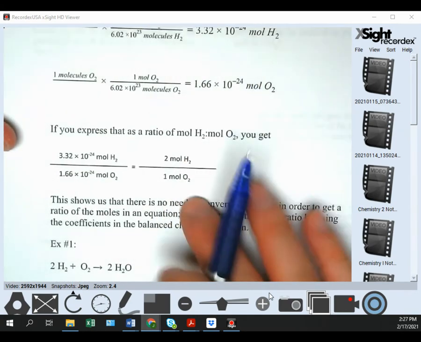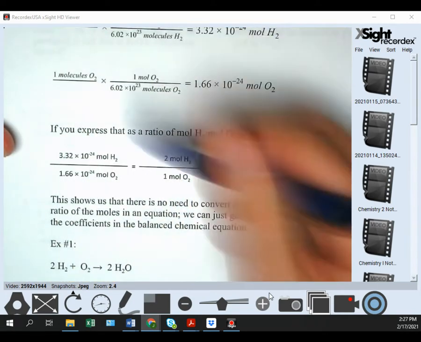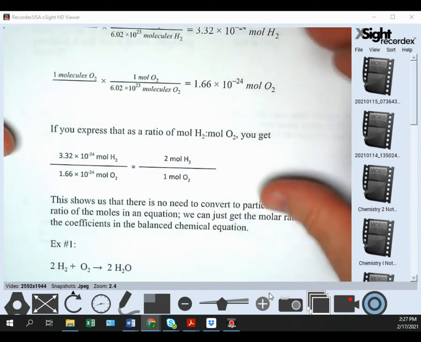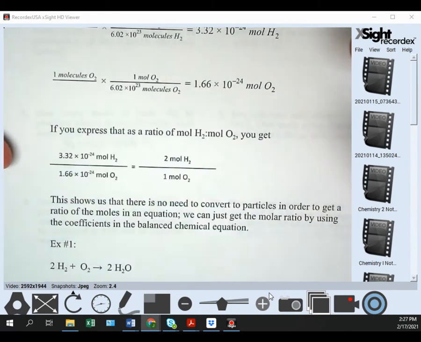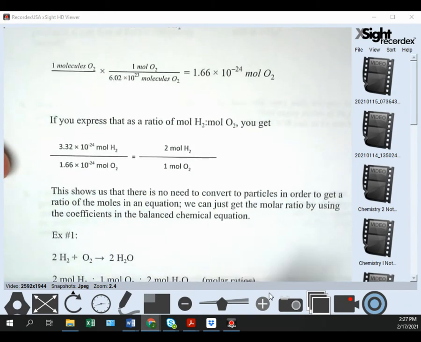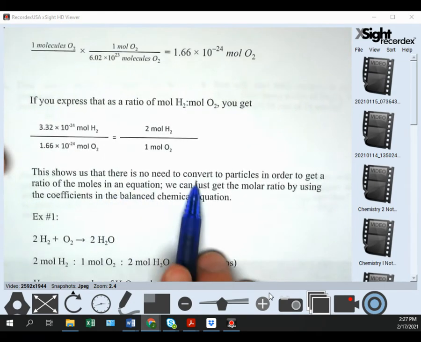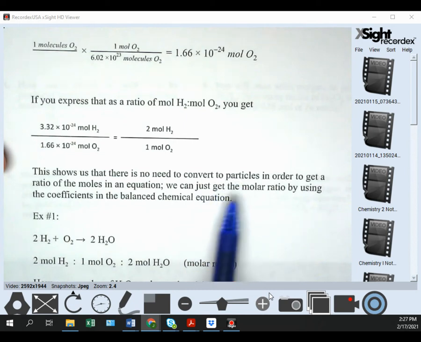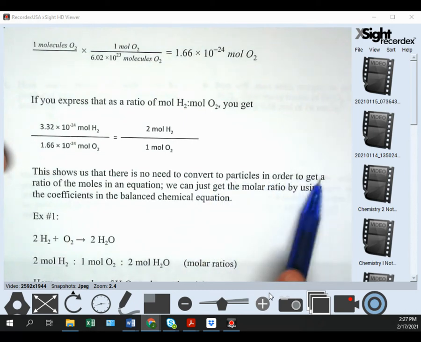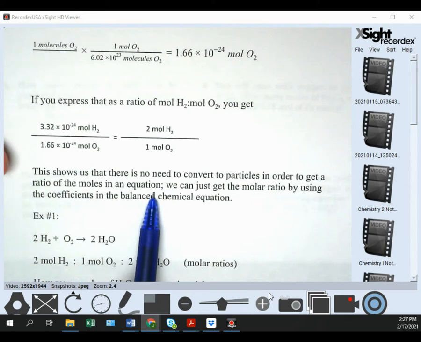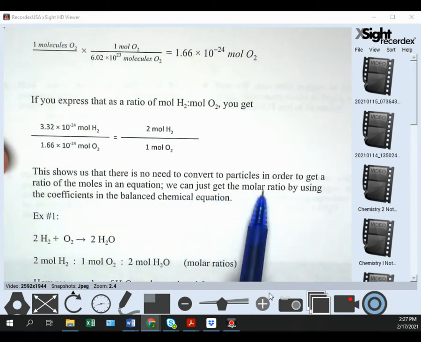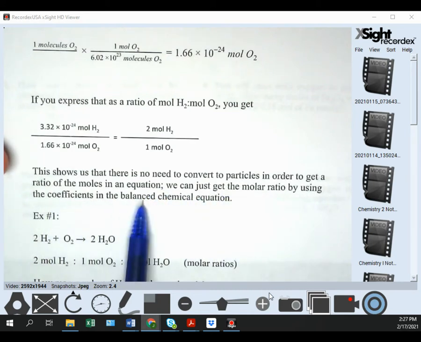So 2 to 1. Now, you don't have to redo all of this. This is the mathematical explanation behind why we can say this. This shows us there is no need to convert from particles in order to get a ratio of the moles in the equation. We can just get the molar ratio by using the coefficients in the balanced chemical equation.